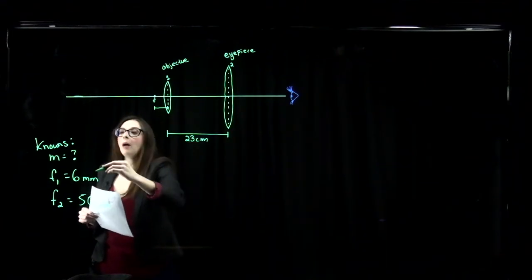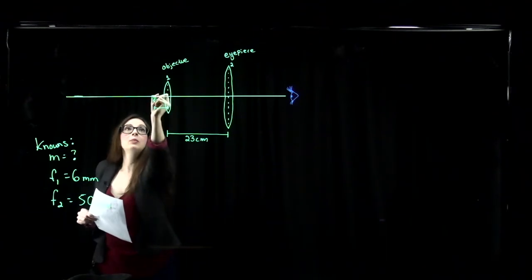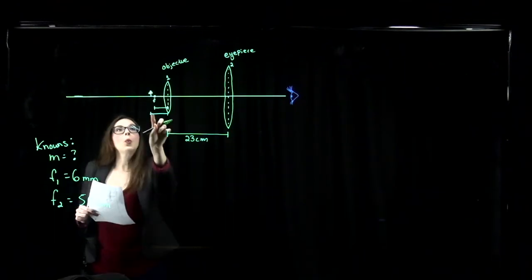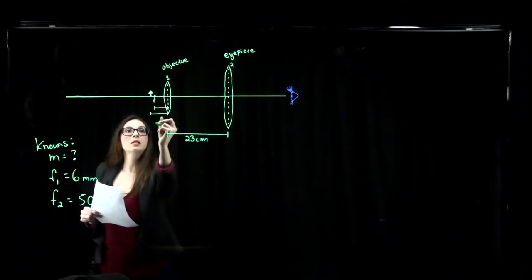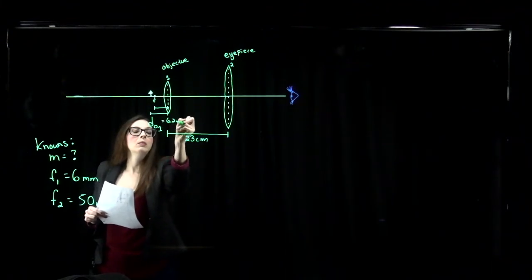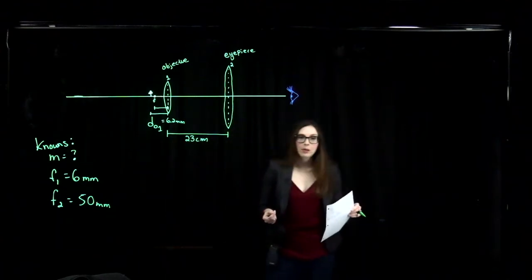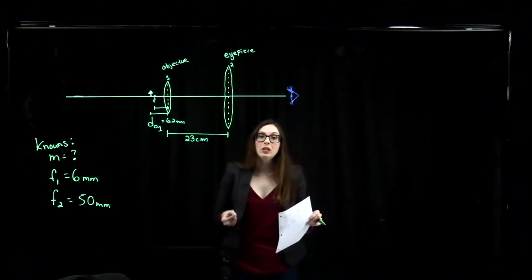My object is just ever so slightly beyond that, so it sits right here. We call this 6.22 millimeters d sub O1.